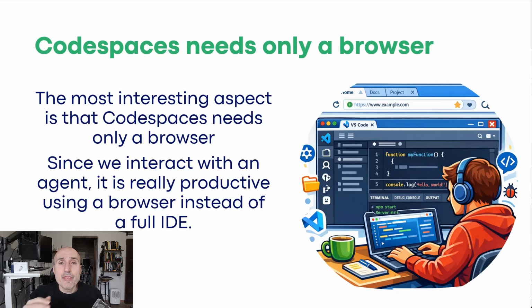This kind of development may not be perfectly good for a complex project, or for a project where you are on an iPad or a tablet and you don't have a keyboard to interact with the code, but it becomes really productive if you work with GitHub Copilot, because you can open your Codespaces in a browser on your iPad, on an Android tablet or on your phone, and you can simply ask something to the GitHub Copilot chat and just verify that the code output is good.